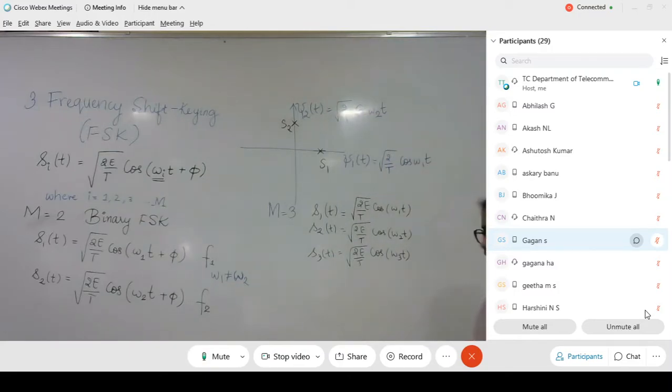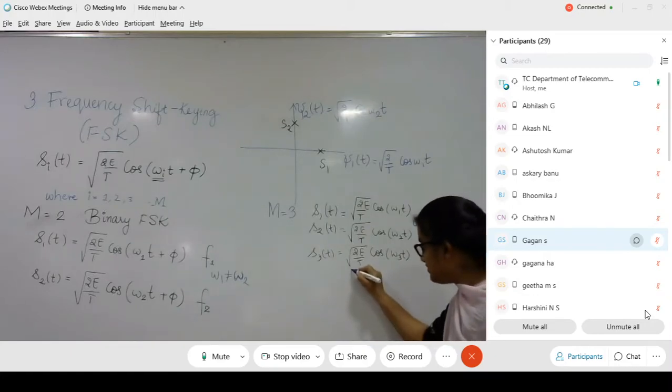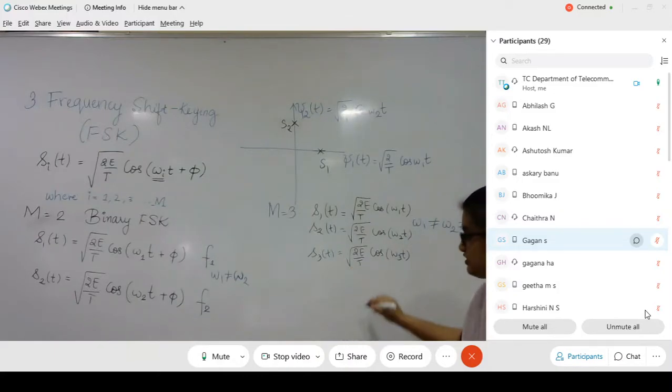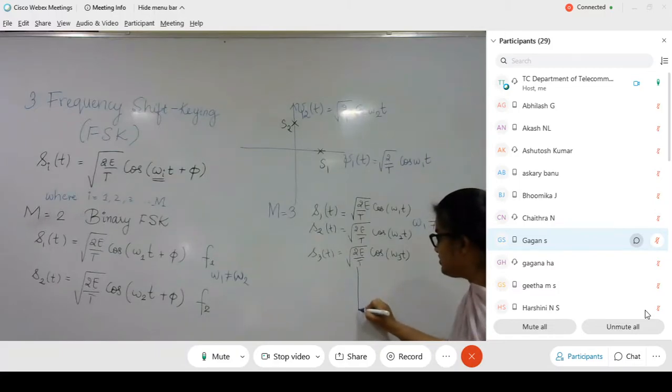Similarly, come to this case. Omega 1 is not equal to omega 2 is not equal to omega 3. Therefore, this requires three basis functions in order to represent. That means we have to plot these symbols in a three-dimensional space. How will the three-dimensional space look?